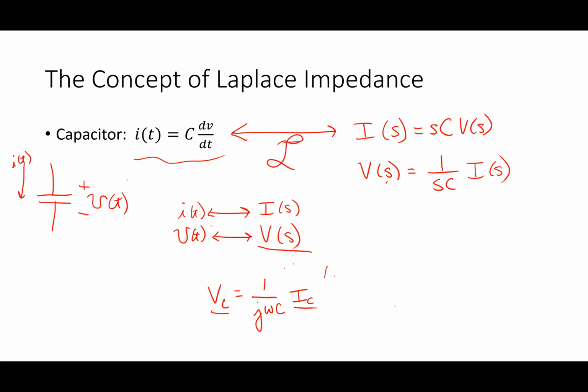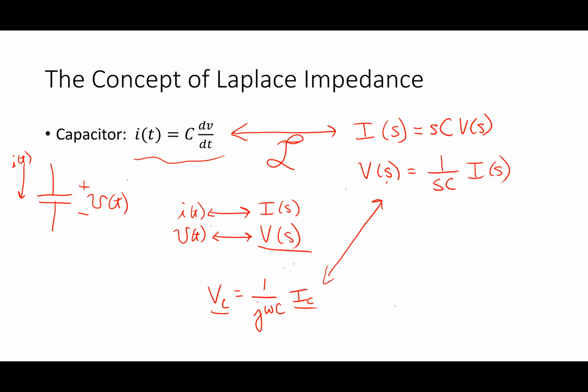These two expressions look very similar, right? What would I need to do to make them the same? What has to be true about S to make those the same? It's J times omega. If S is equal to J omega, that happens in a special case where our inputs are sinusoidal.